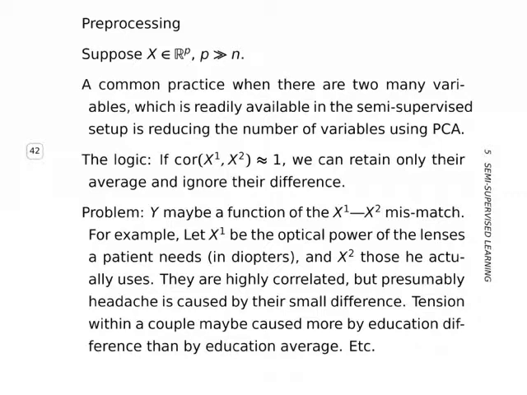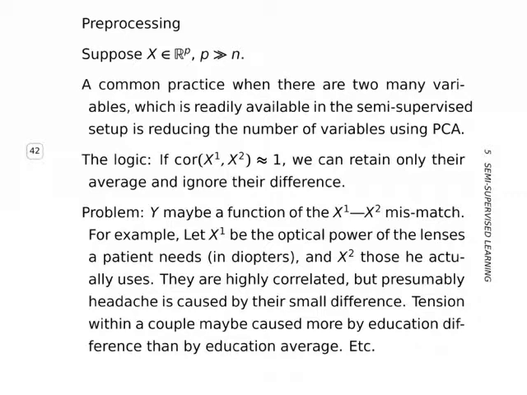I want to do regression. That can work sometimes, and sometimes it doesn't. So Y may be in fact a function of the difference between x1 and x2, or the mismatch between them. When I prepared these slides, I was waiting for the eyeglasses that I'm wearing now, so I was in this concept.